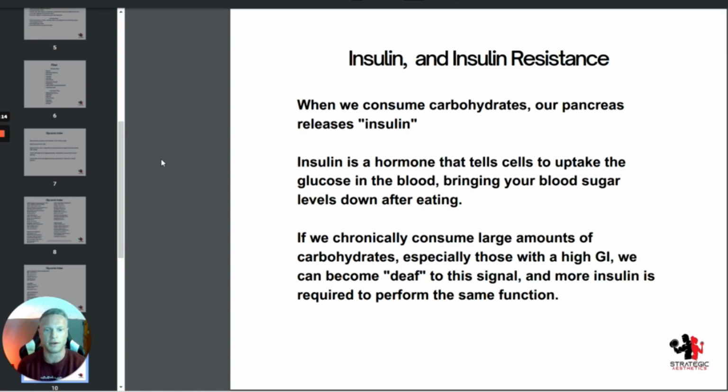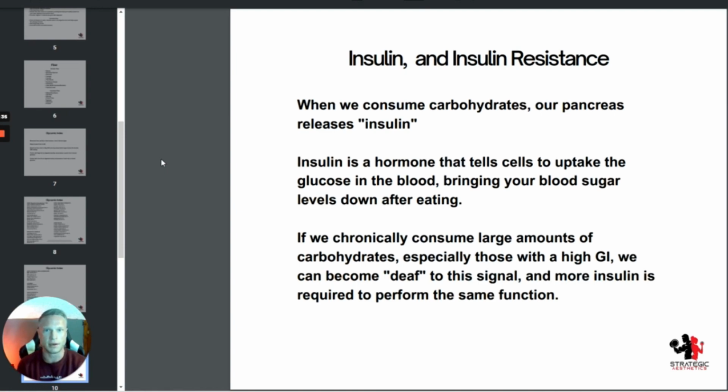So if we chronically do this, we become deaf to that signal over time, and this is what insulin resistance is. It requires more and more insulin to perform the same job that half that insulin, say, might have been able to do before chronic overconsumption of carbohydrates.